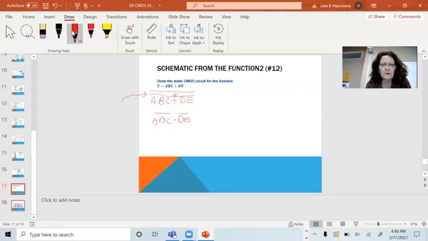The shortcut, if you don't remember De Morgan's theorem, is I break the bar and change the sign. So I broke the bar right here, and I changed the plus into times. I'm going to break it again right here and right here. Since I'm breaking the bar, I will get A bar, B bar, C bar, and as I change the sign, the times becomes a plus.